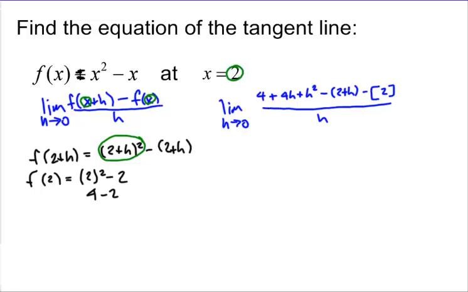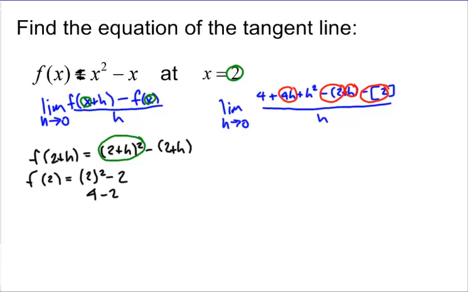And the first thing I want to do is check and see, can I substitute 0 in for h? And I can on the top, but that gives me in the bottom a 0, and I can't do that. So let's clean the top up. We can combine some things together, like for example, I've got negative 2 right here, and I got a negative 2 right here. I can put those guys together. I've also got a negative h right here, and an h right here.